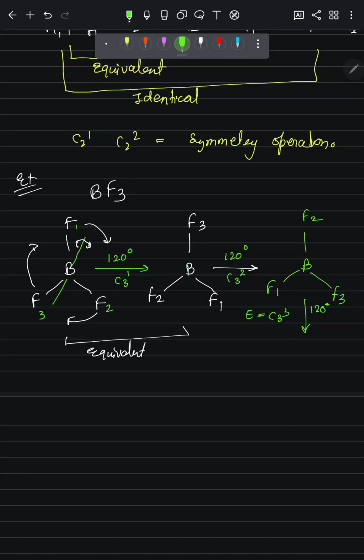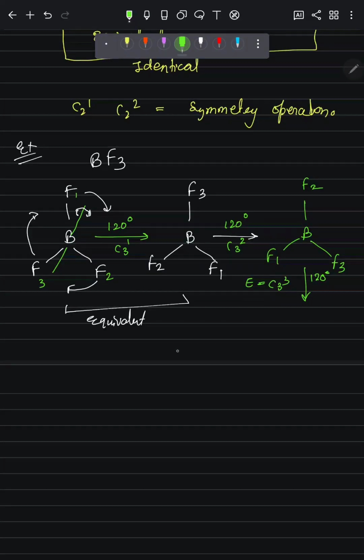Let's make a note: C3 cubed is equal to identity E, or in general, if we put n here, Cn to the power n is equal to E. Then this structure will be identical to the original one.